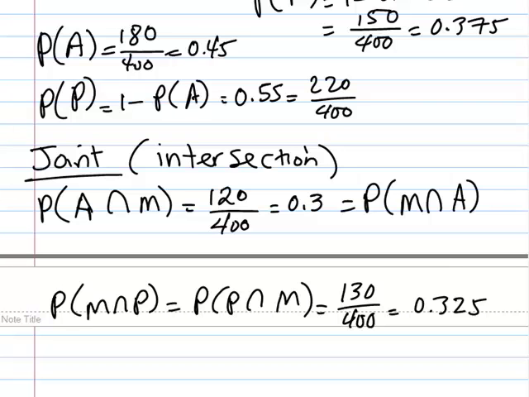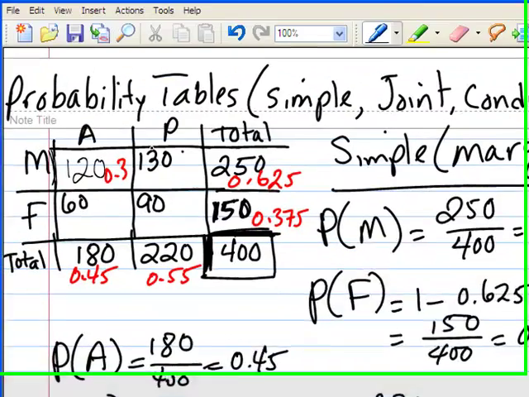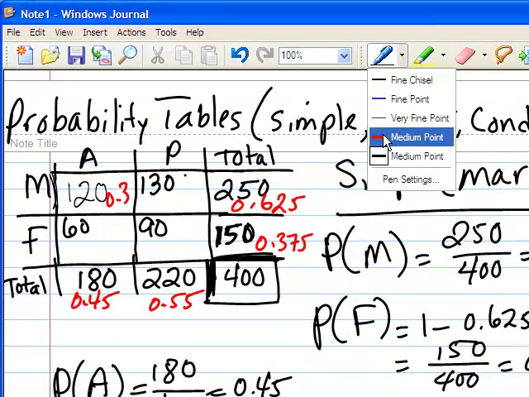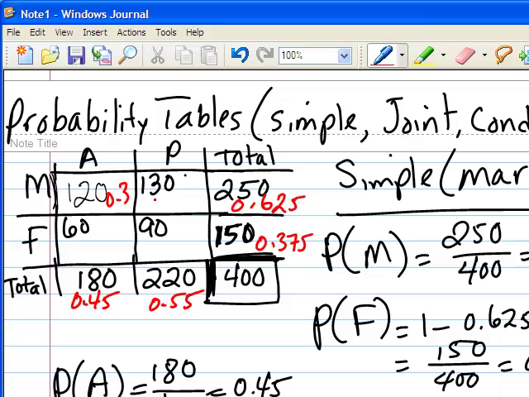So we have 0.3 and 0.325, which of course these two subgroups, the 0.3 and the 0.325, must add up to 0.625. And of course the frequency count of them also add up.